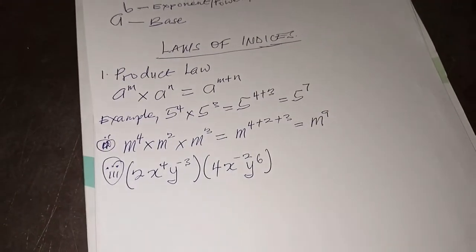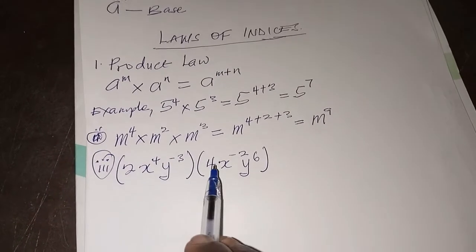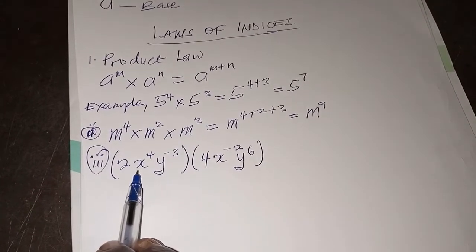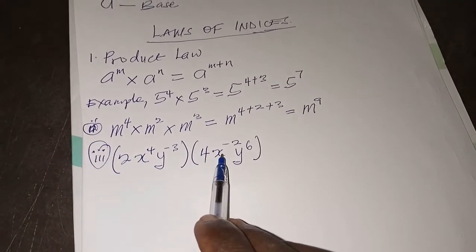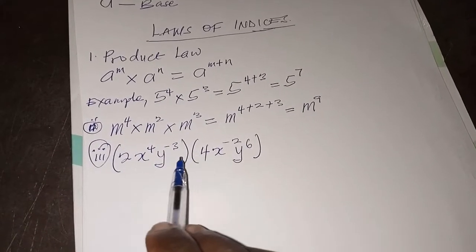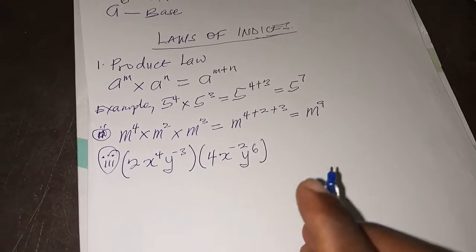This is what we are going to do. The numbers will multiply themselves and the variables will also multiply themselves, meaning like terms, so to speak. So the numbers which are the coefficients will multiply themselves, then the like terms will also multiply themselves.